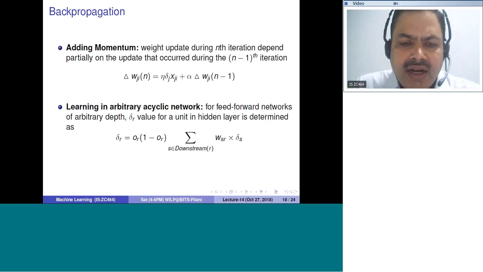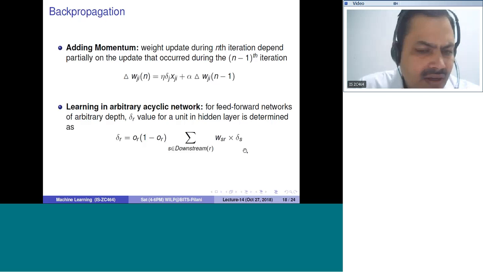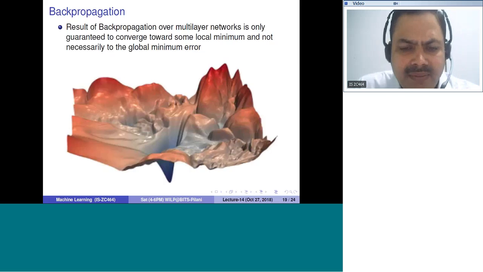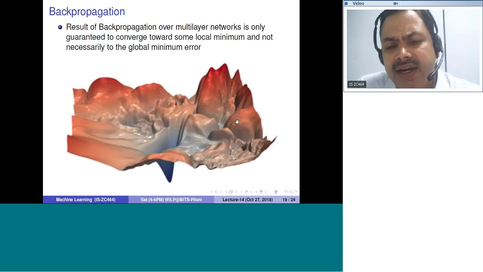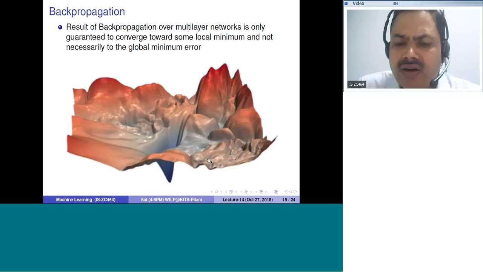Sometimes learning is on an arbitrary acyclic network. You can go for the feed forward network to arbitrary depths, and the hidden layer is determined with different formulas. So what is the main reason? This image is not the first time you are seeing it. Earlier also you have seen the same thing. Whenever you want to minimize the function, the surface is not straight. It is very different. This is the point where the minima exists, but if you are here, you cannot go to this point because a lot of mountains are there.